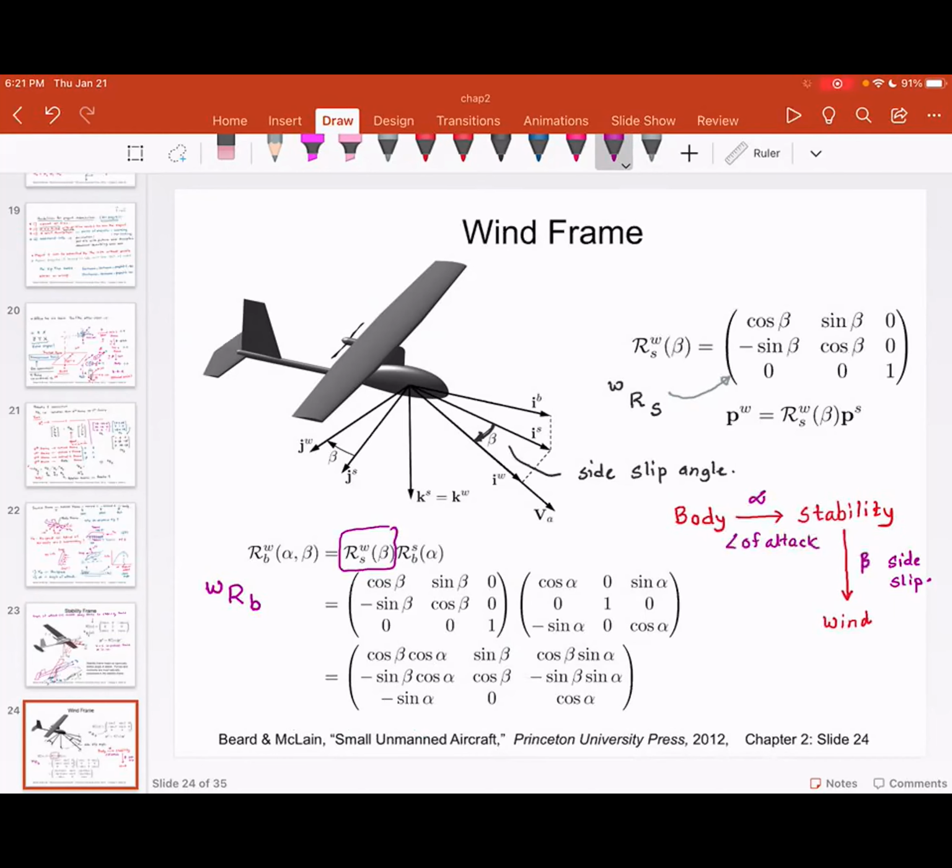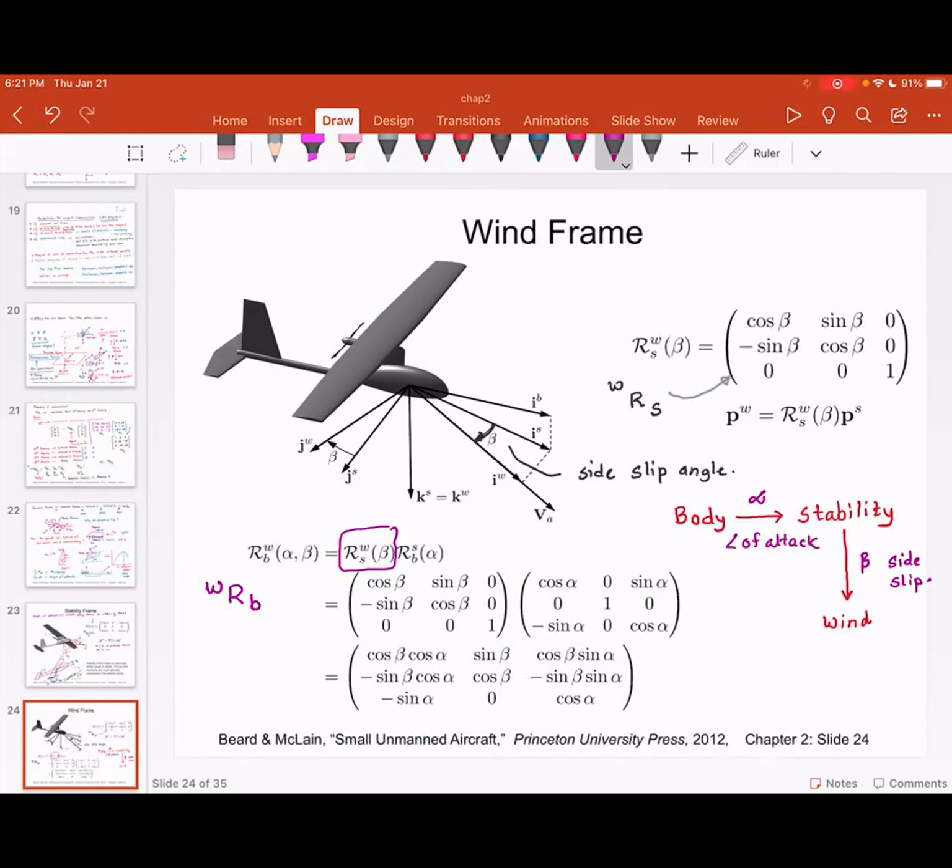And then when you multiply these two rotations, you get a combined rotation that gives you the orientation of wind frame with respect to body frame, or body frame with respect to wind frame, depending upon which coordinate system you are looking at.